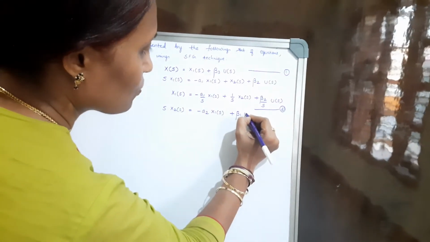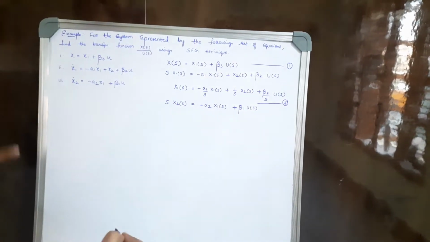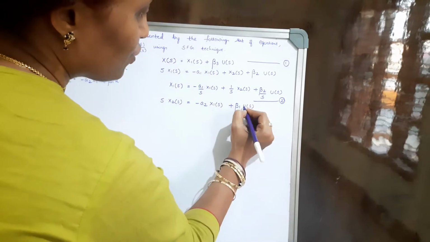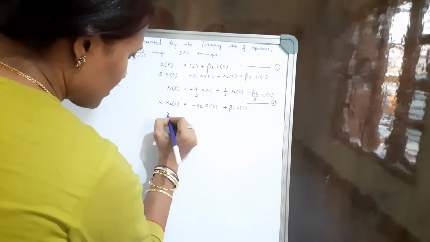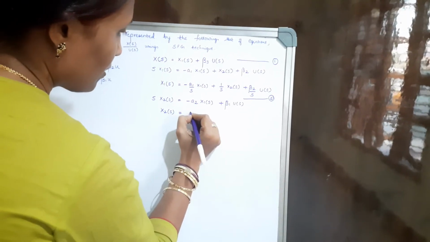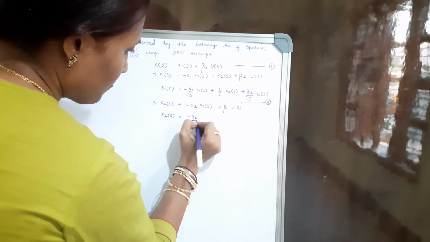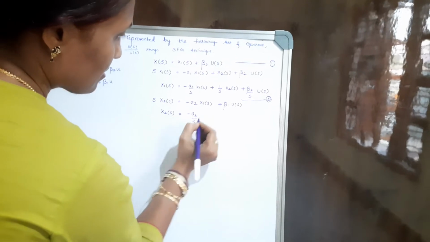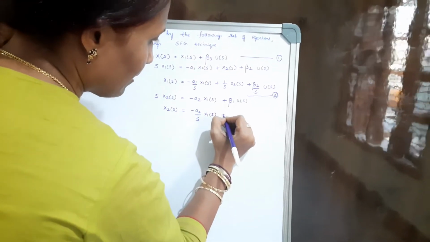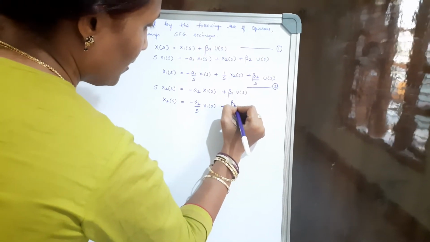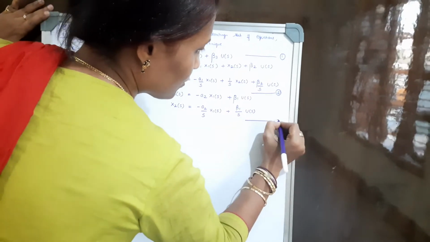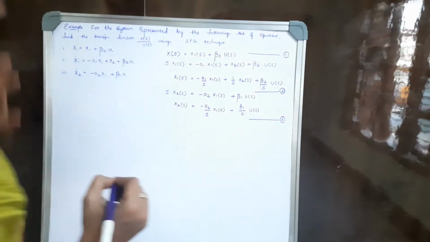Since I have taken the Laplace transform, you treat this as U(s). As I said earlier, I concentrate only on the nodes, here X2(s), so I will be dividing throughout by s, giving X2(s) = -a2/s X1(s) + β1/s U(s). Treat this as the third equation.